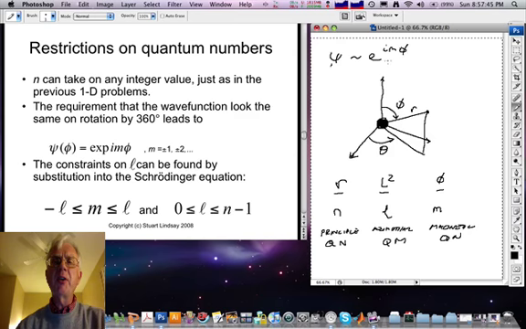And so the requirement that this function remain invariant on rotation around 360 degrees leads then to the constraint on m that it is equal to positive or negative integers.